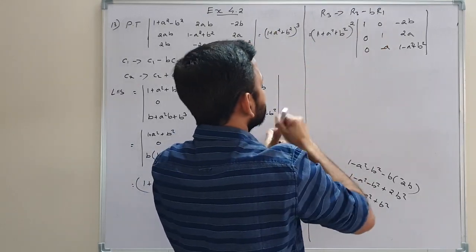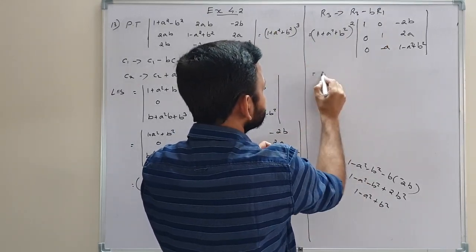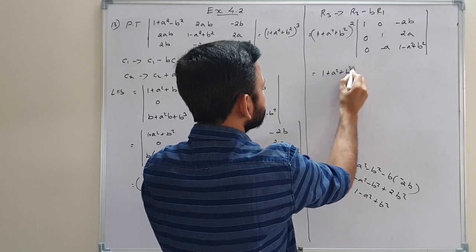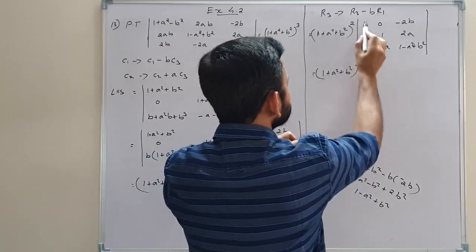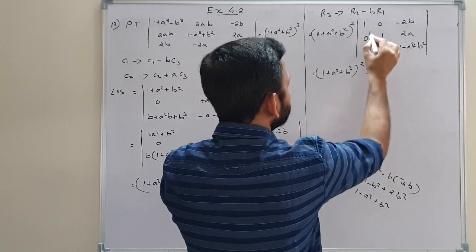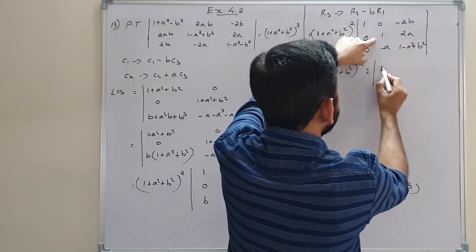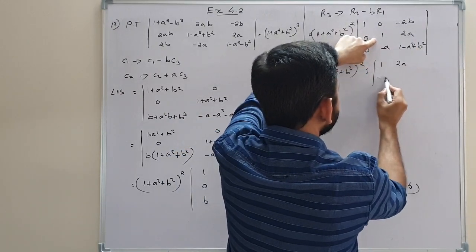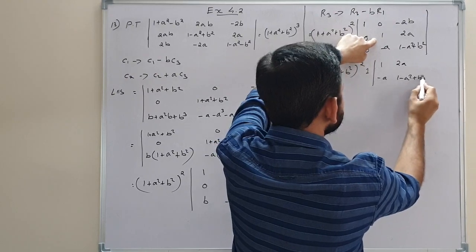So this determinant can be reduced into 1 plus A square plus B square raised to the power 2, then this number 1 into deleting: 1, 2A, minus A, 1 minus A square plus B square.